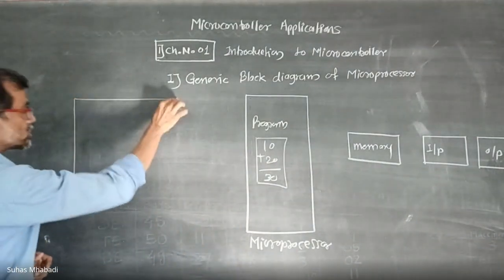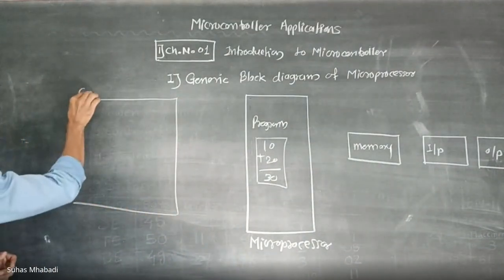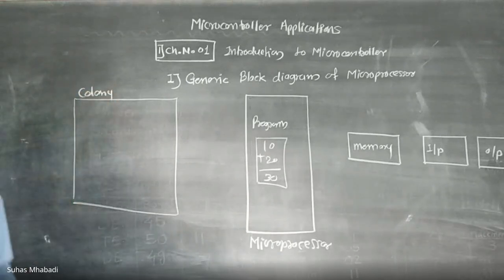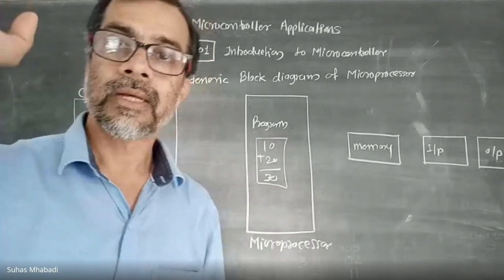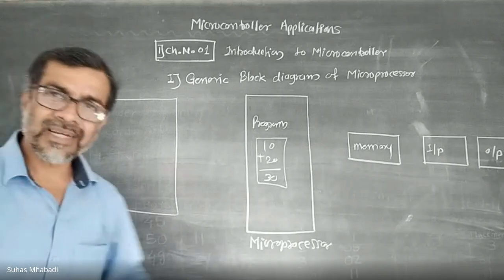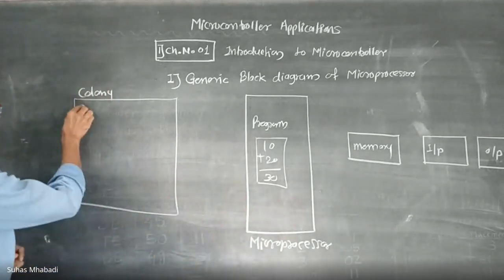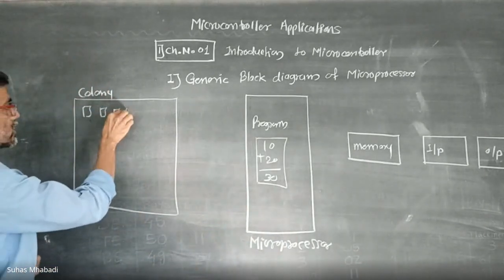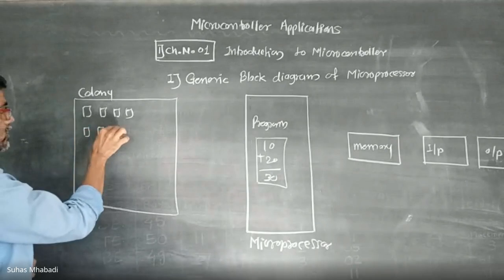Now suppose this is a colony. It consists of a number of houses, like 1, 2, 3, 4, second row.